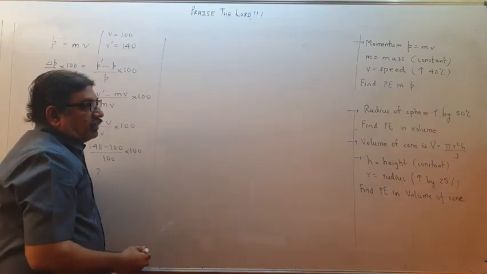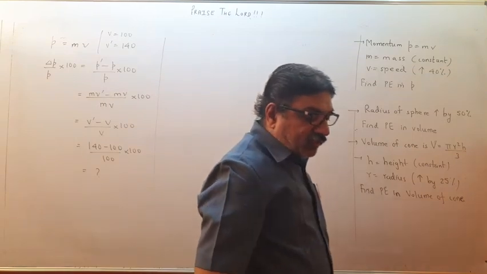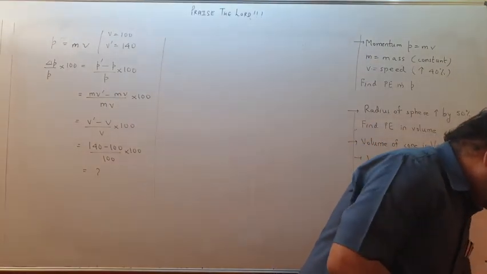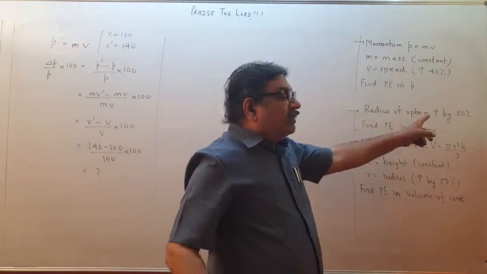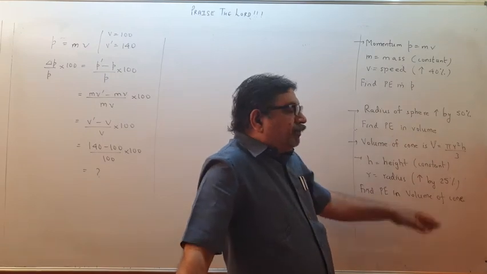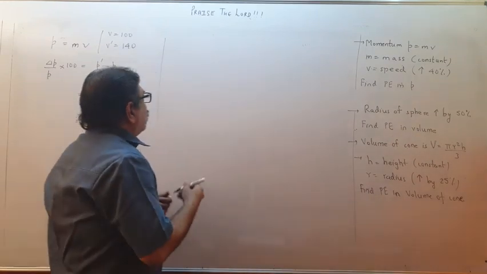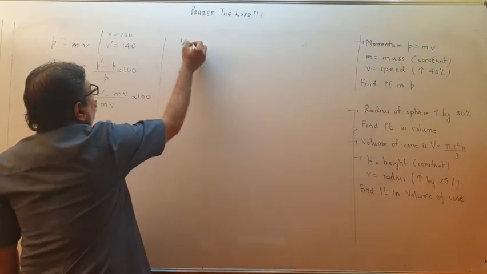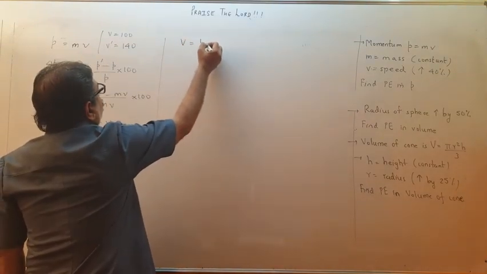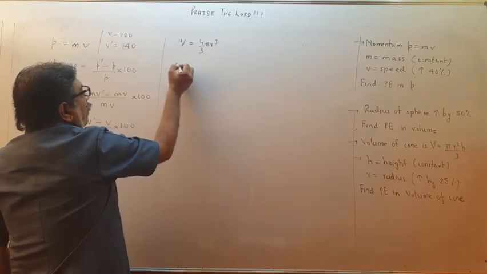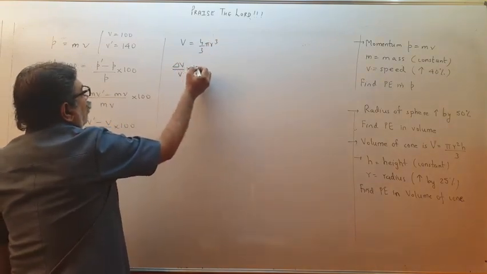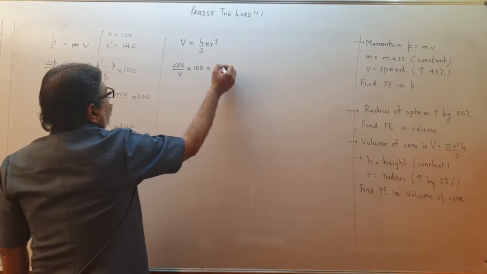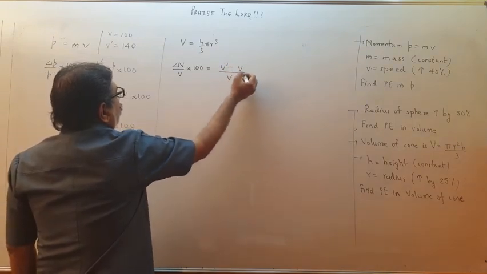Look at next one. Radius of a sphere increases by 50%, that is given to me. So radius is increasing by 50%. Find percentage error in volume. So we have to think of volume and radius of sphere. V is given by 4 upon 3 π r cube. So delta V upon V I want into 100, that will be (V' minus V) upon V into 100.